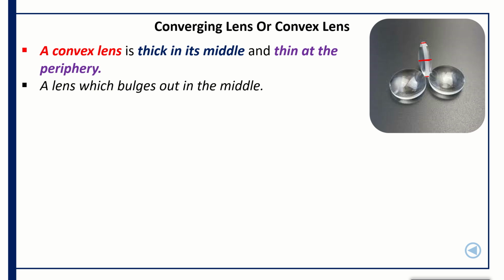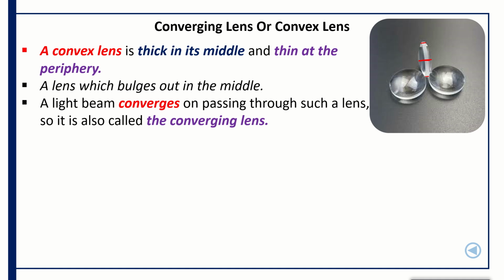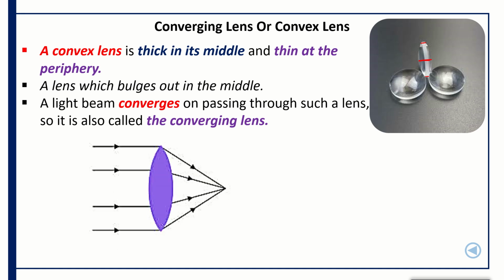A lens which bulges out in the middle. Such lenses are known as convex lenses. When a light beam converges on passing through such a lens, that type of lenses are called converging lens, and the convex lens will converge light. So usually the converging lens is a convex lens.